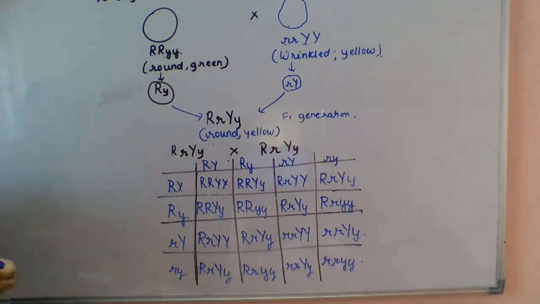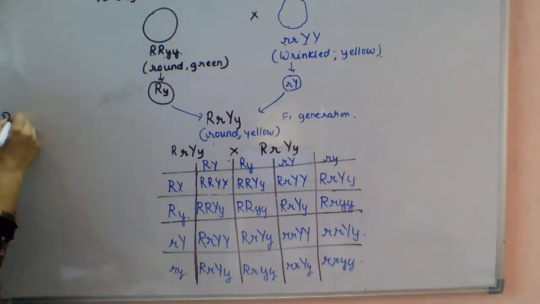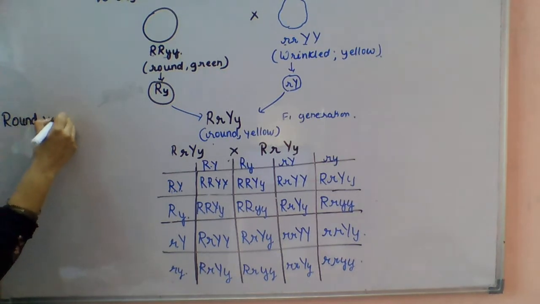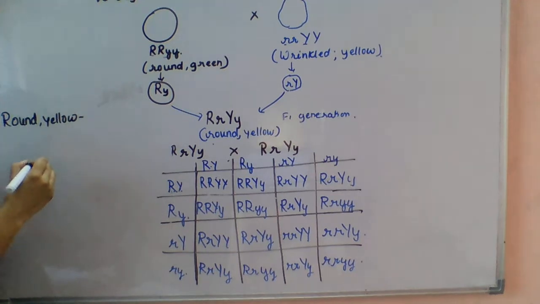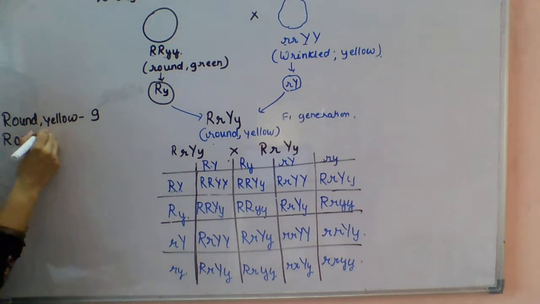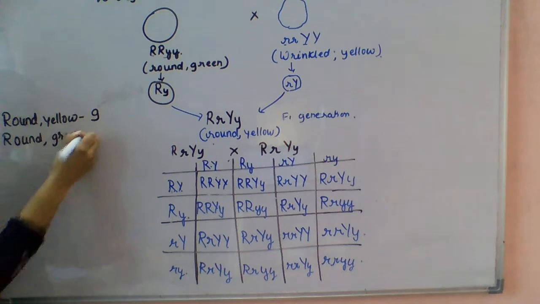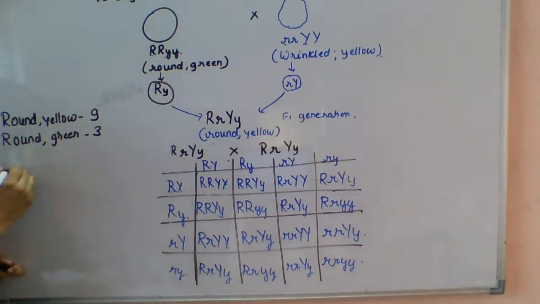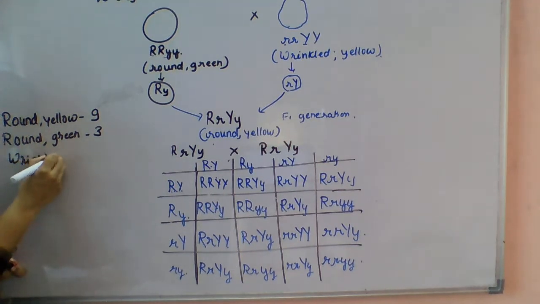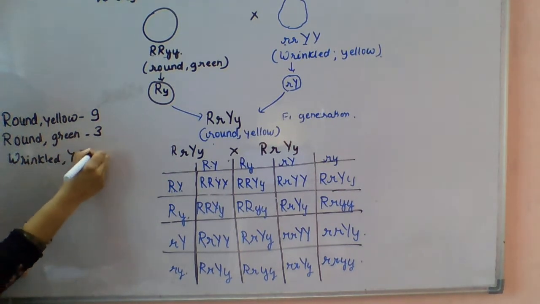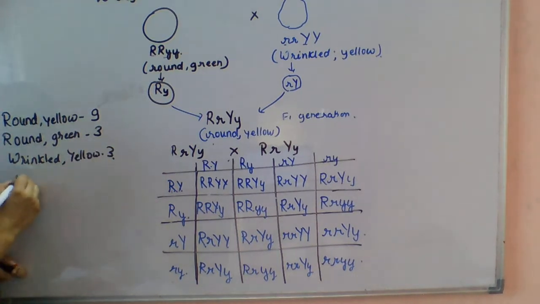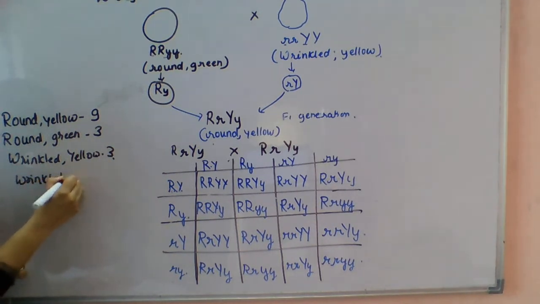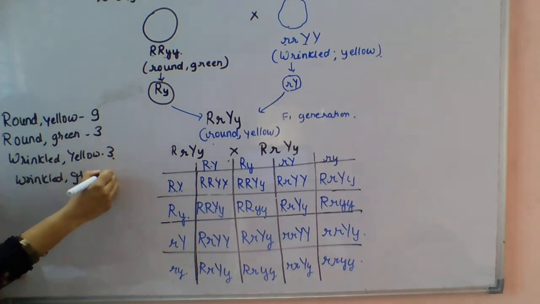Round and yellow: you can see here round and yellow characteristics, there were 9. Next is round and green: you will be getting here 3. And then wrinkled yellow, you will be getting here again 3. And now wrinkled green, you will be getting here only 1.